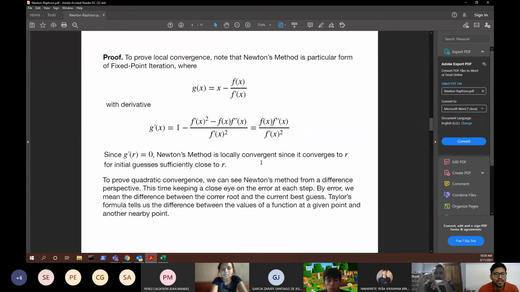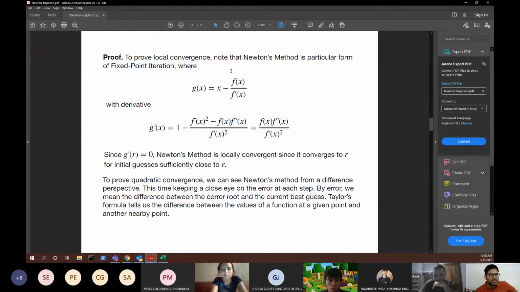So in general, to prove this local convergence, we need to analyze the function of the Newton method. So the Newton's method formula, as I told you at the very beginning of this class, is actually a fixed iteration point form.